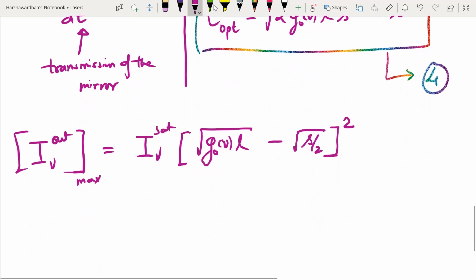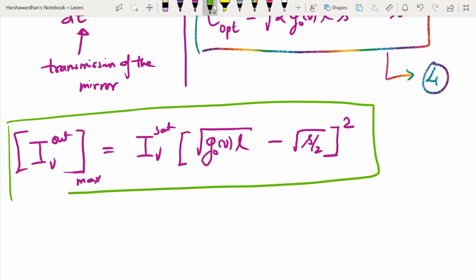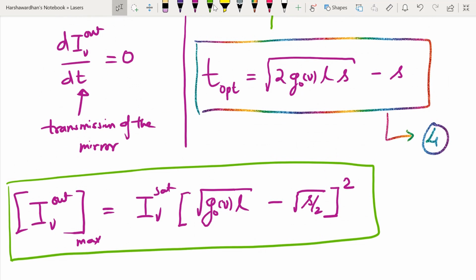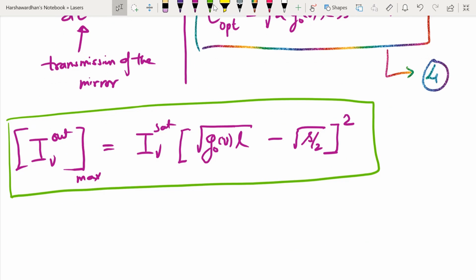So this is our main result telling us that if I choose the optimal value of the transmission coefficient, this is the maximum intensity that I can extract from my laser, right?